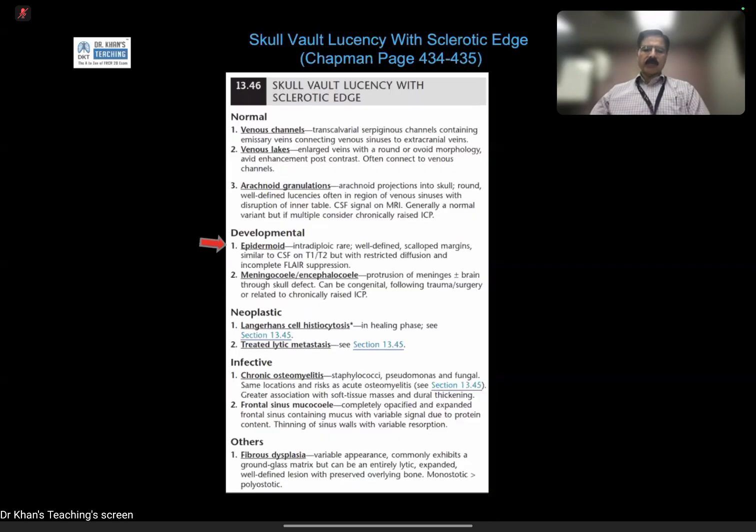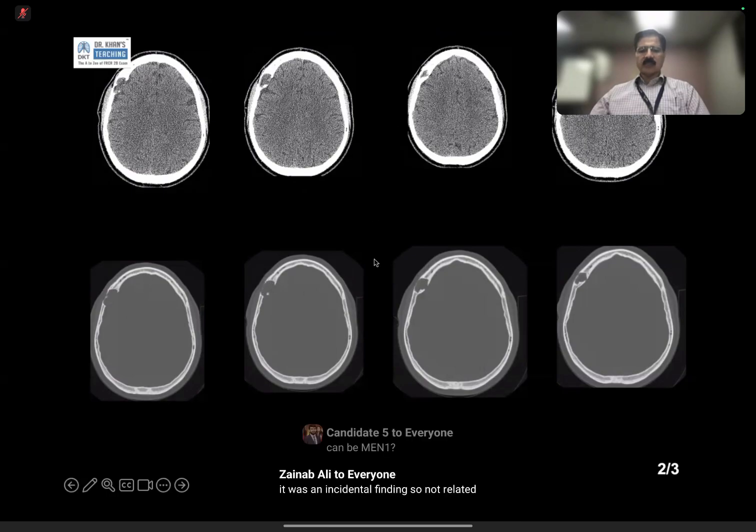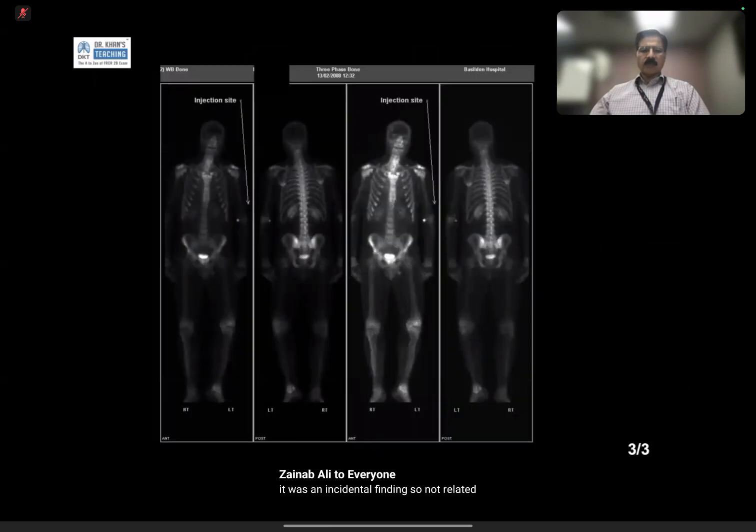Now, epidermoids. This particular case, this is the CT scan, and the examiner can begin with the CT scan, simple as that. This is quite an old case in our department, I think more than 15 years old, 2000 something.